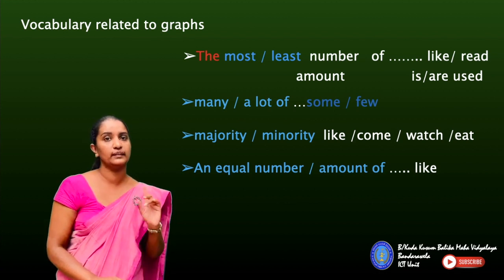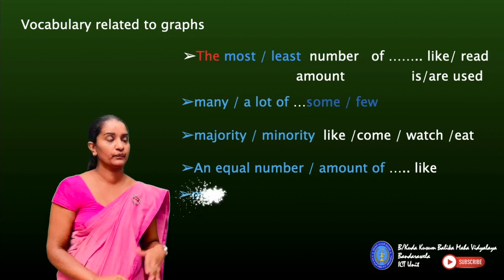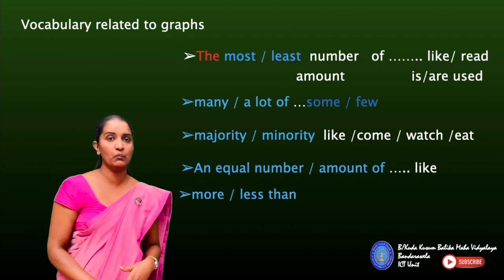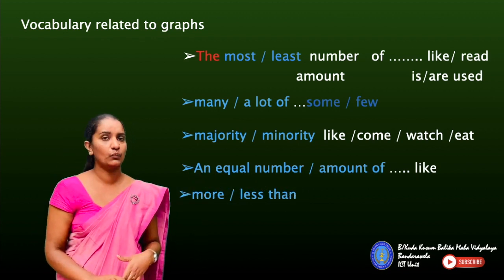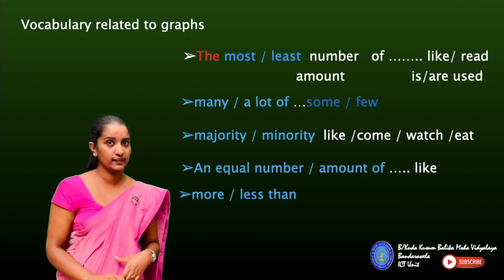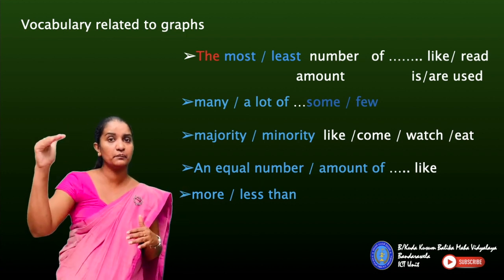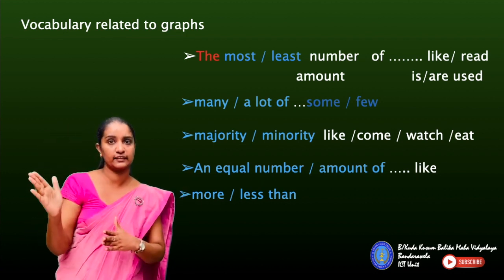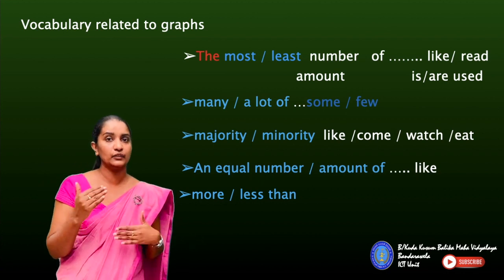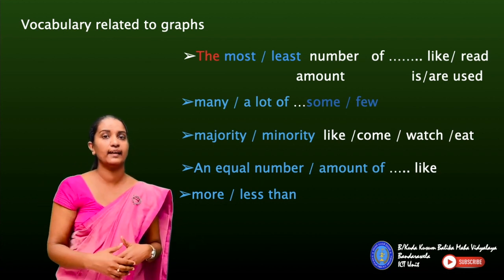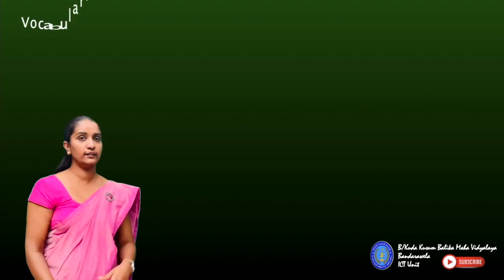You should know that difference as well. And the last one, more than or less than. Why do you write more or less? Yes, when you want to compare two bars or two sections, two segments, you have to use more than and less than. And look at the next point.